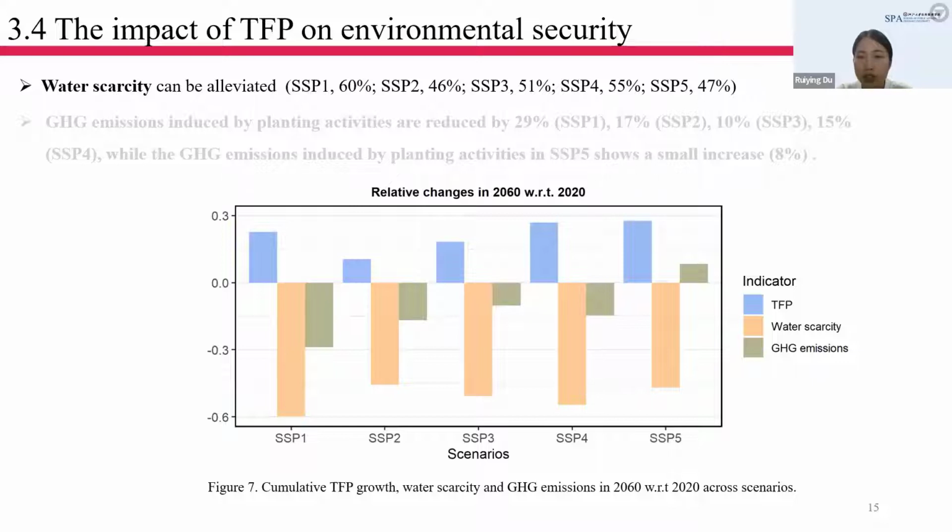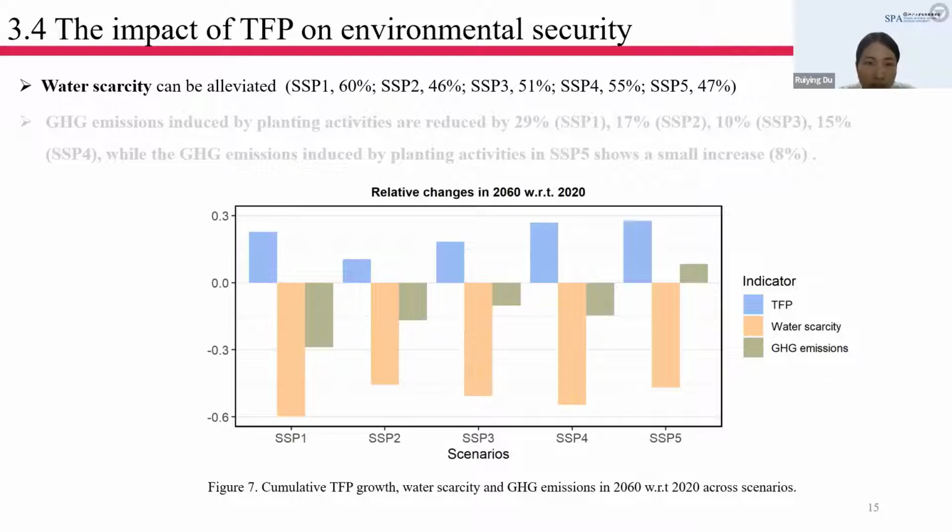After food security, we also investigate the impact of TFP growth on environmental security. In terms of environmental security, we mainly focus on water scarcity mitigation and emissions abatement. Figure 7 reveals the relative changes of TFP, water scarcity, and GHG emissions in 2060 with respect to 2020.